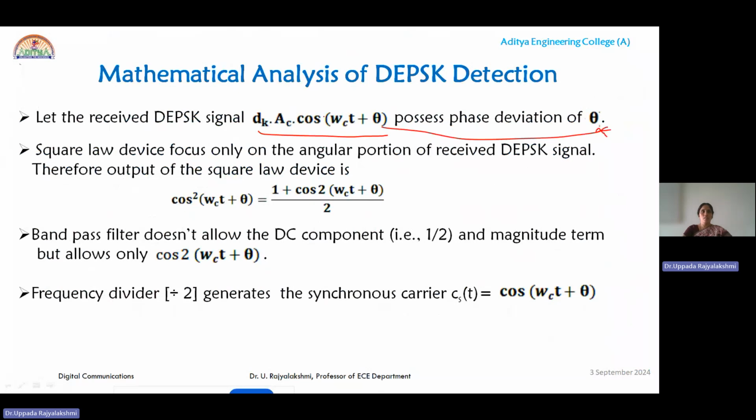And if you take the square law output, it is cos square x, so you can write it as 1 plus cos 2x by 2. Once it is allowed through the band pass filter, the band pass filter does not allow the DC component. So you will get only cos 2 omega ct plus theta. Once it is applied to the frequency divider by 2, you will get cos omega ct plus theta.